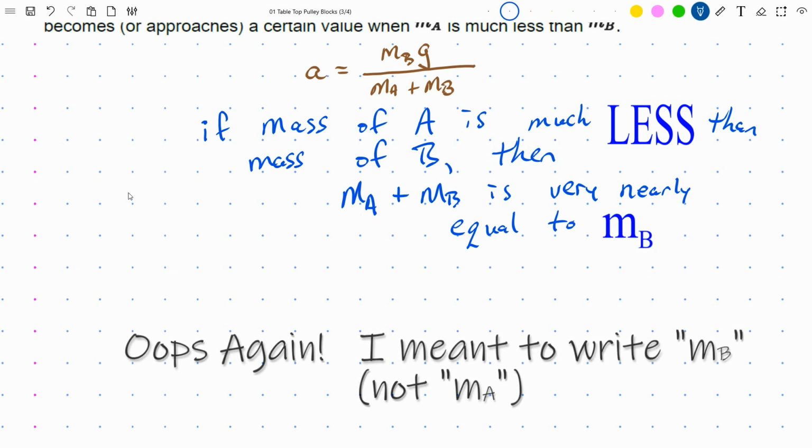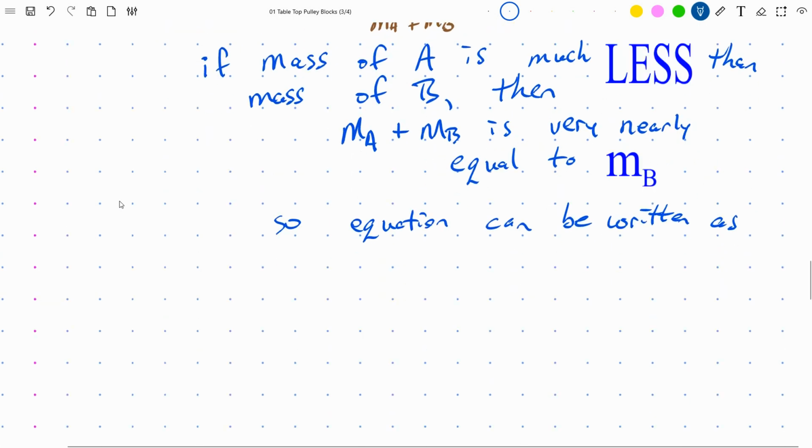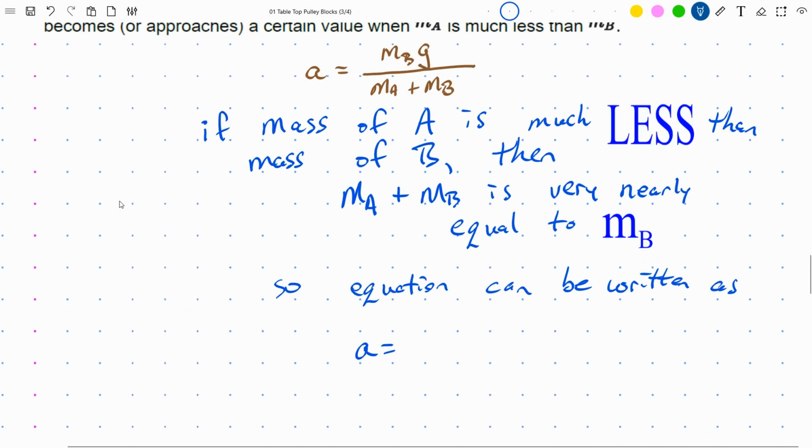So with that in mind, the equation can be written as A equal to, and remember, what I'm saying is they add together to be something essentially equal to the mass of B. So the mass of B times G over the mass of B, basically.